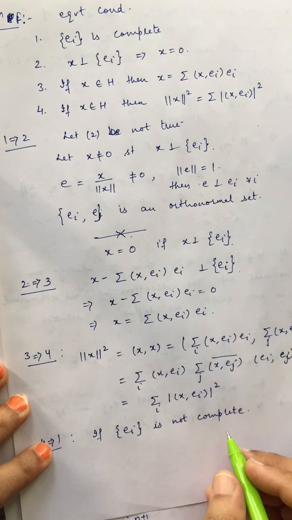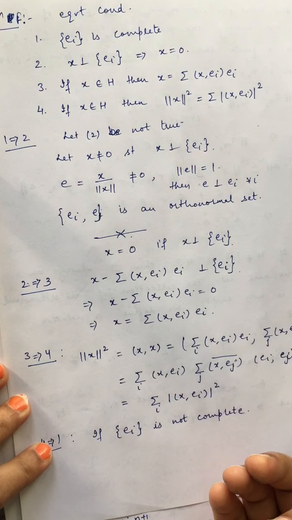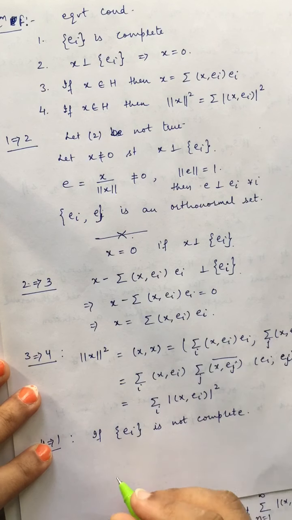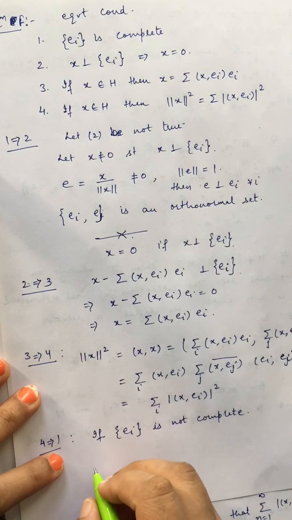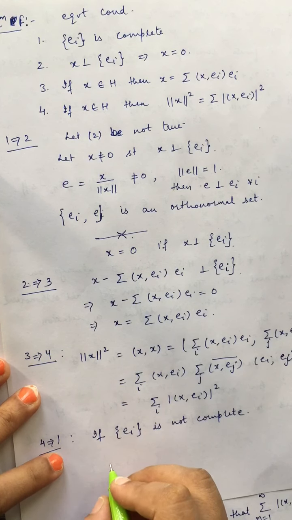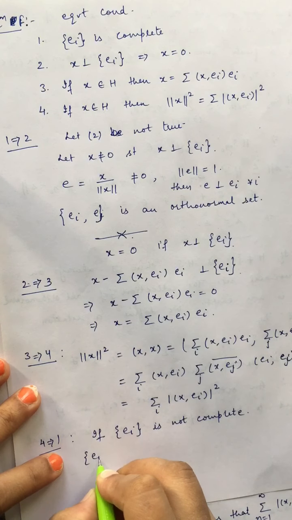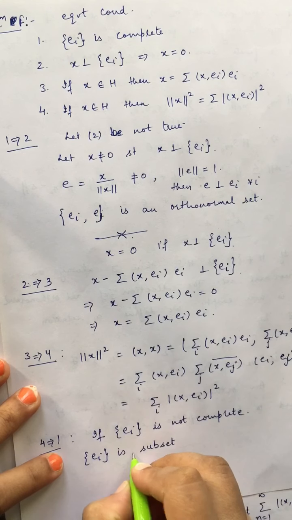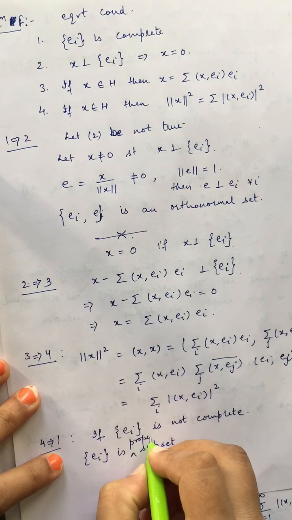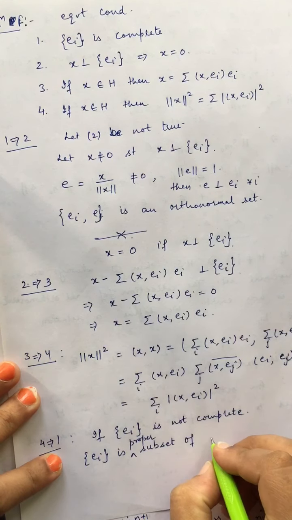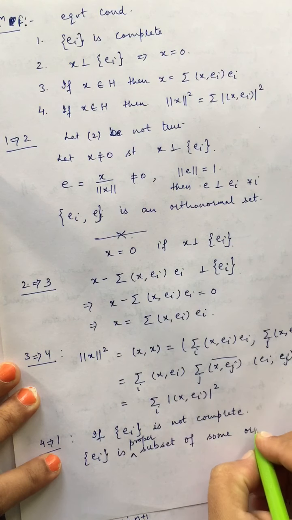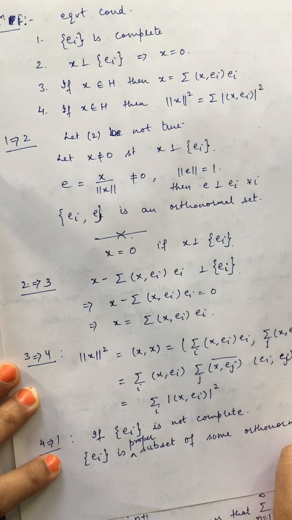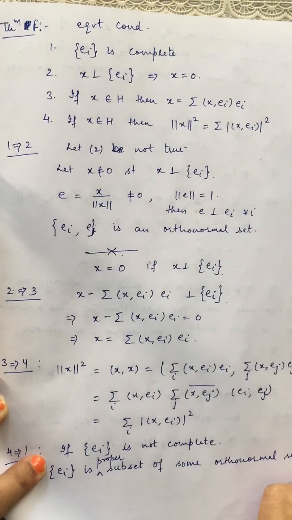If it is not complete, that means some vector can be added to this, and still it will be an orthonormal set. That means we can say this is a proper subset of some orthonormal set. Let us say EI along with E.